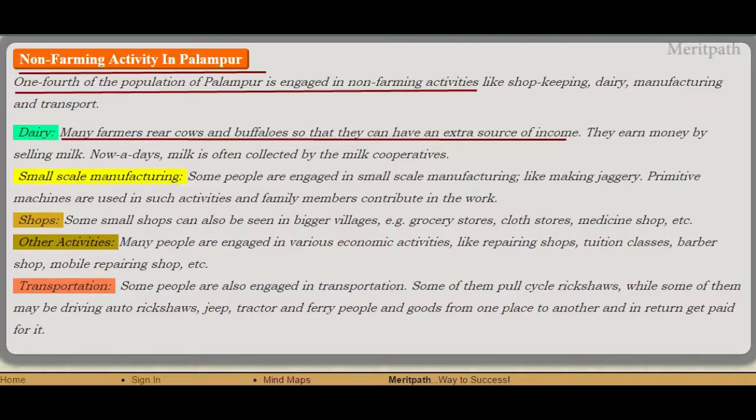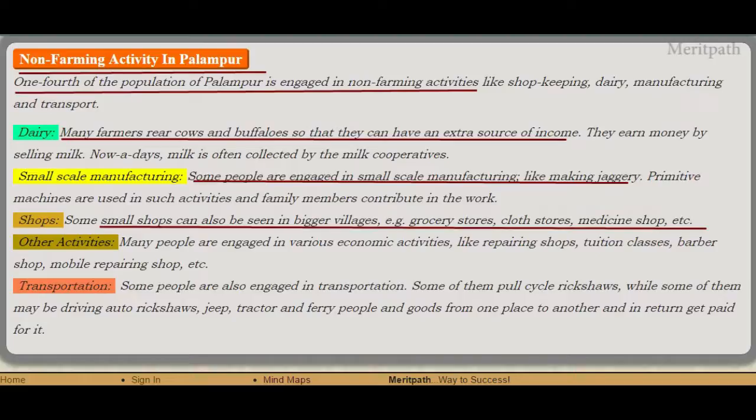They earn money by selling the milk, and milk is often collected by the milk cooperative societies. Small scale manufacturing. People are engaged in small scale manufacturing like making jaggery, and primitive machines are used in such activities and family members contribute in the work.